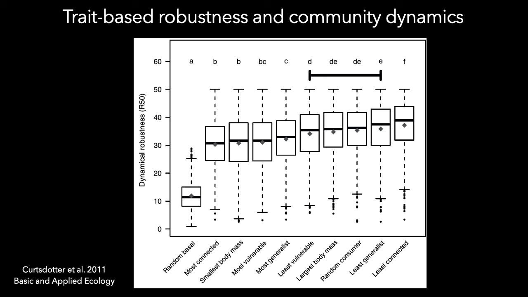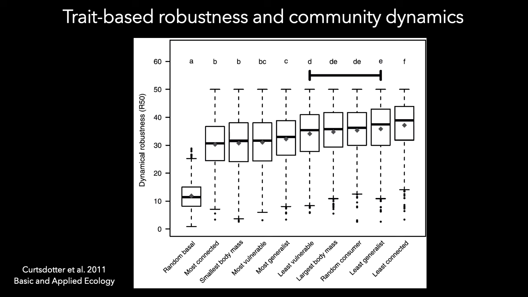They didn't remove species depending on their number of links, on how more or less connected the species were, but they used certain traits such as body mass, and they used these criteria as a targeted, what we call quote-unquote attack.